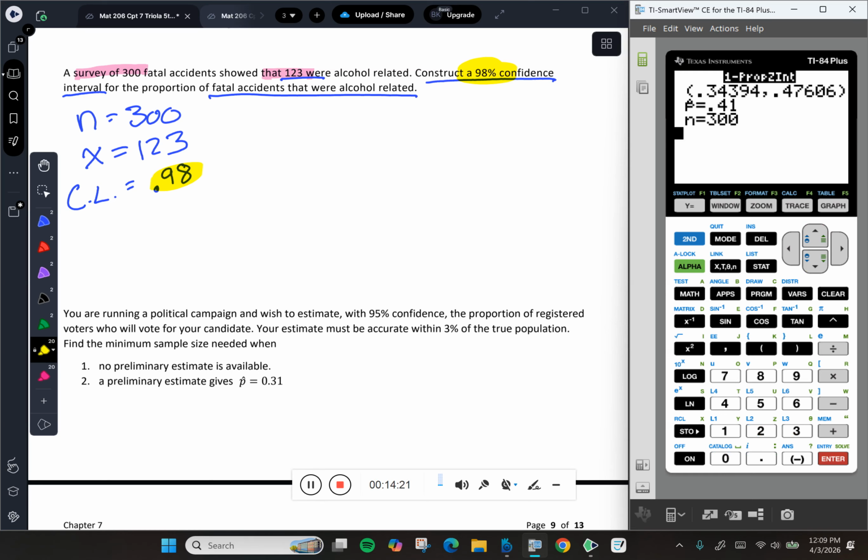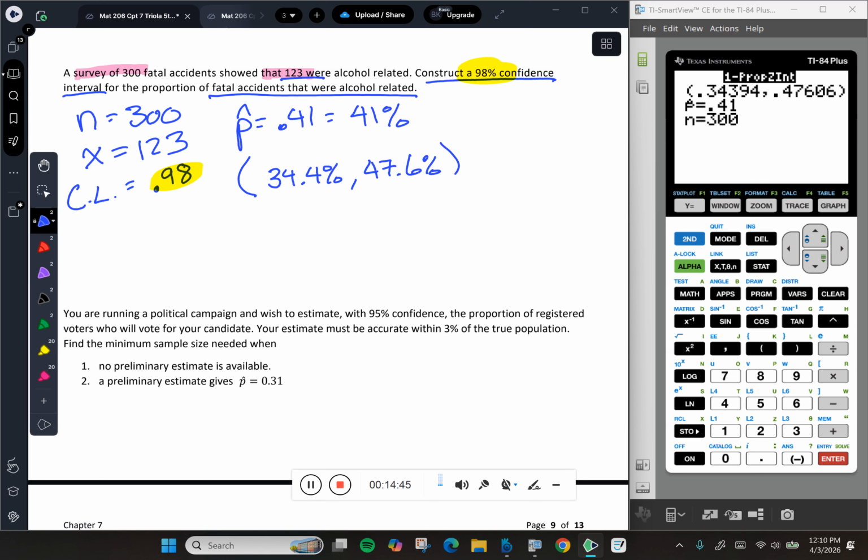And I get that my p hat, my point estimate, is 0.41, or if you prefer, 41%. My confidence interval is 34.4% to 47.6%.